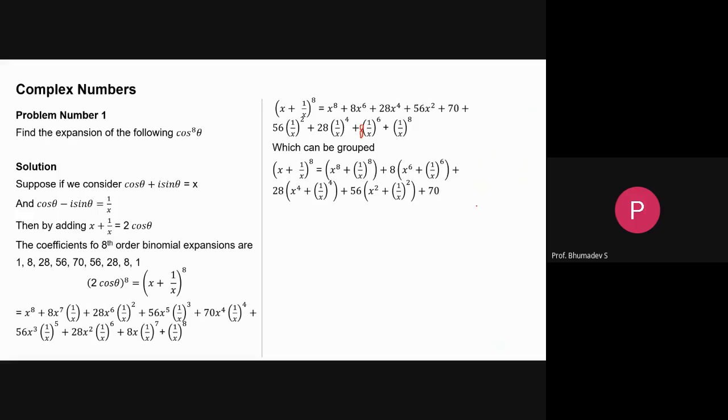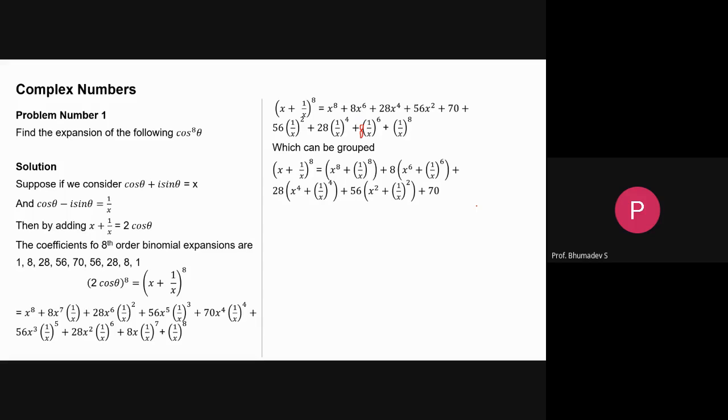So if you observe this expansion, x plus 1 upon x the whole power 8 is equal to x to the power of 8 plus 1 upon x to the power of 8 plus 8, which is the common coefficient for x to the power of 6 and 1 upon x to the power of 6.